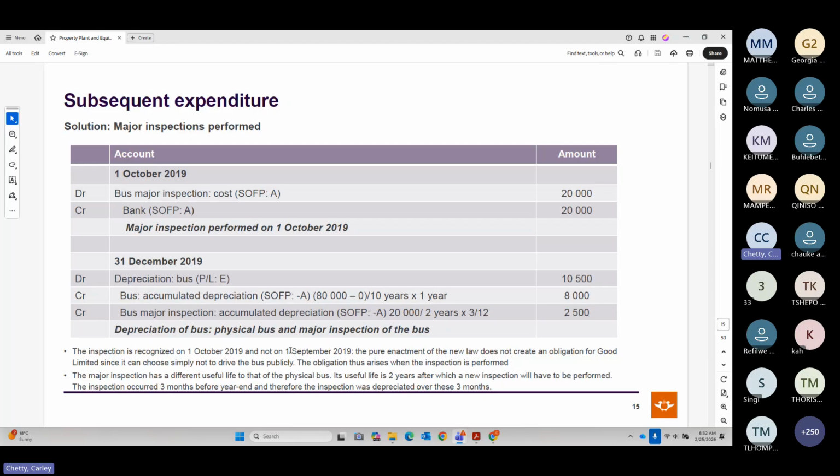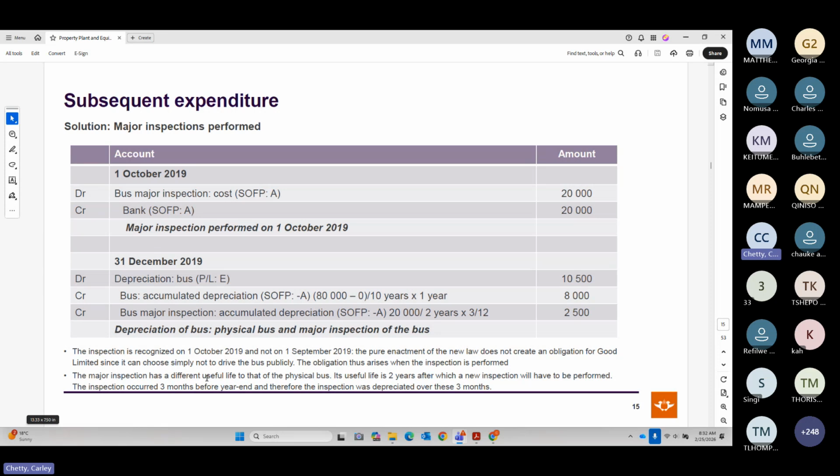Even though the law was passed on 1 September 2019, when this law is enacted, it does not create an obligation for Good Limited, since Good Limited could simply decide to drive the buses without the inspection. So the obligation only arises when the inspection is performed.